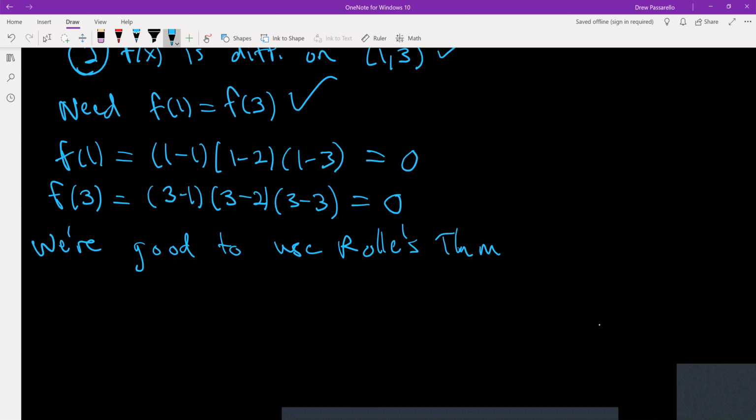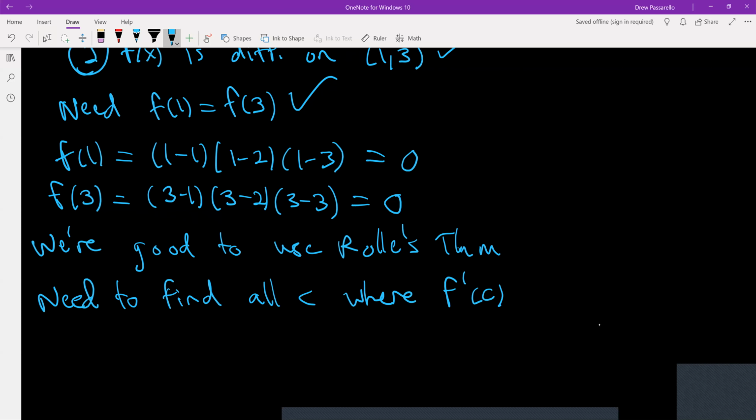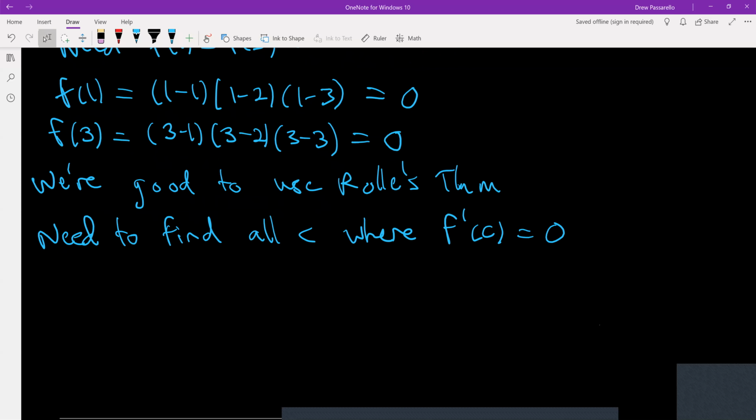So we need to find C, or all values C. Find all C where its derivative is 0, where f prime of C equals 0. Now the function, I'll rewrite it. So it's x minus 1 times x minus 2 times x minus 3.